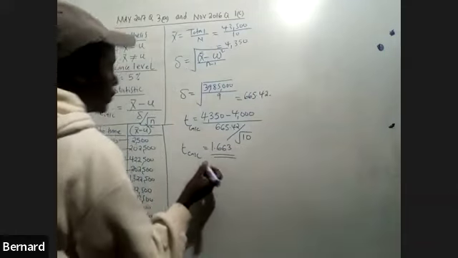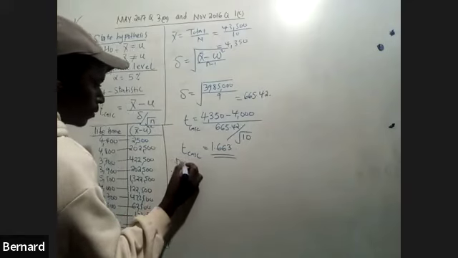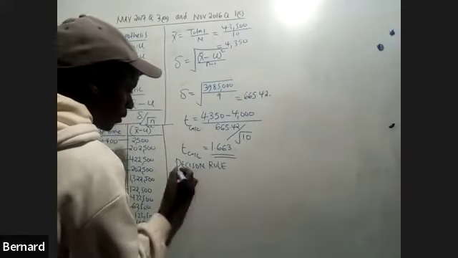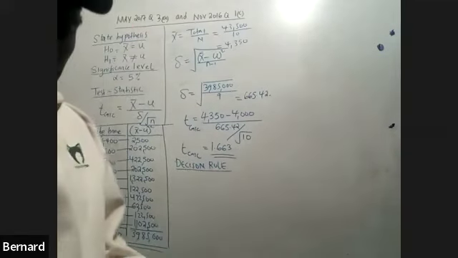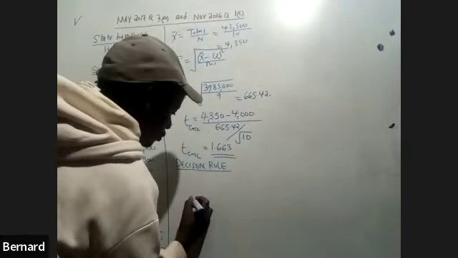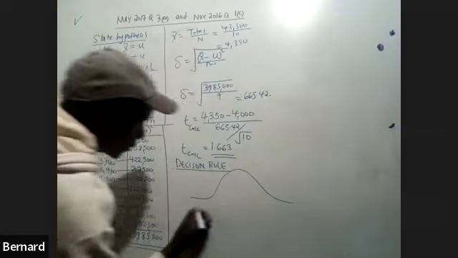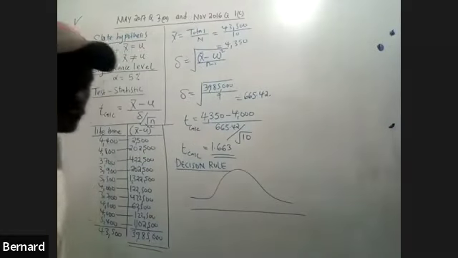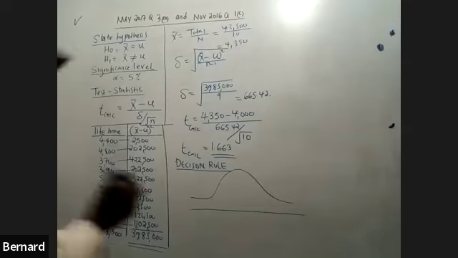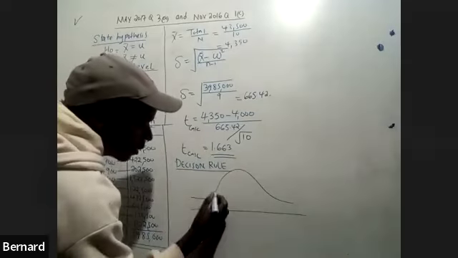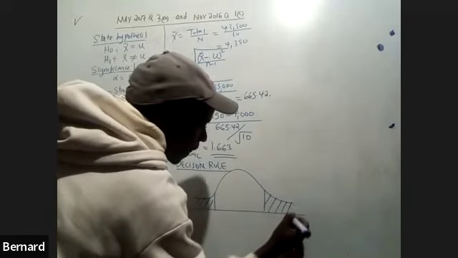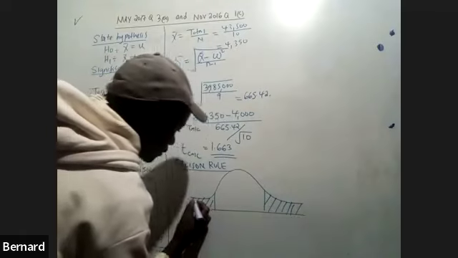Now, next is our decision rule. What will be our decision rule? Because someone did test, and it is 210 according to what we have done. Hapa is 210. Sawa.